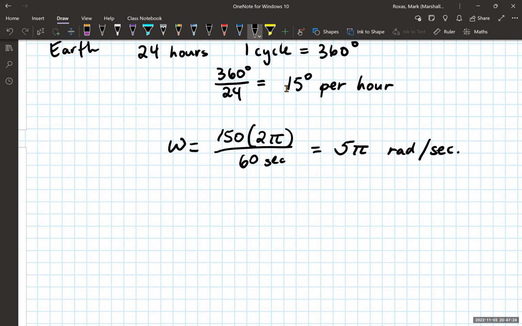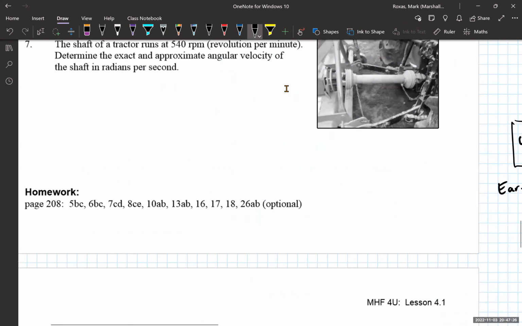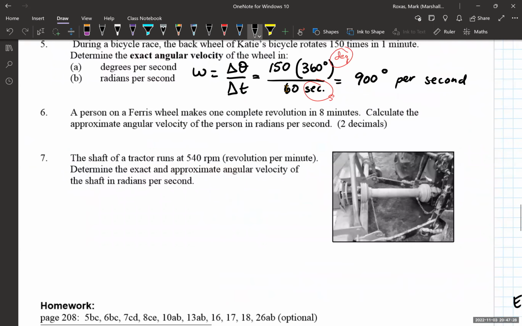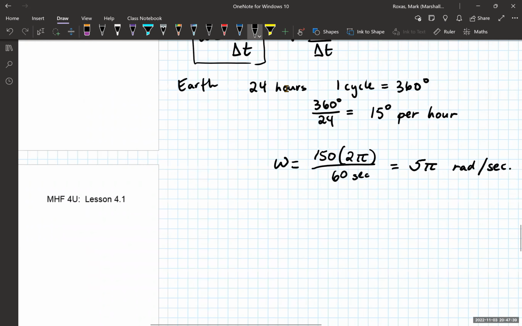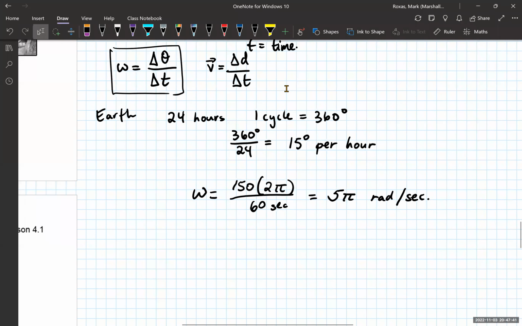All right, so let's look at example number 6. A person on a Ferris wheel makes 1 complete revolution in 8 minutes. Calculate the approximate angular velocity of the person in radians per second. Okay, so what do we know? We're talking about 8 minutes.